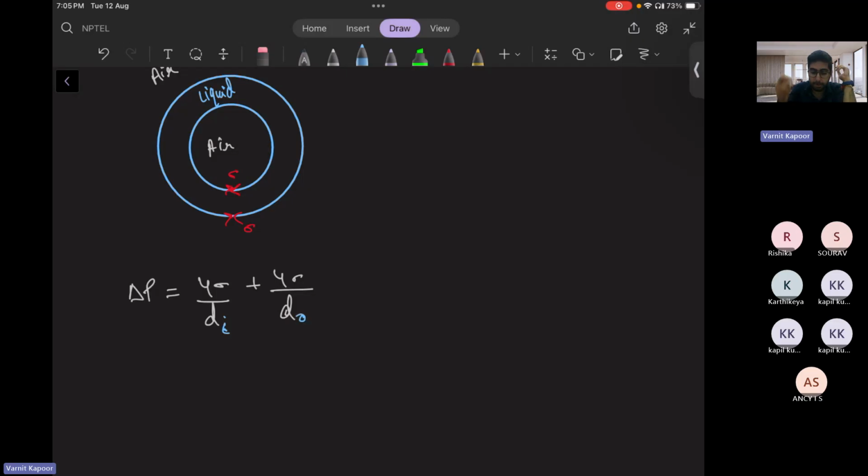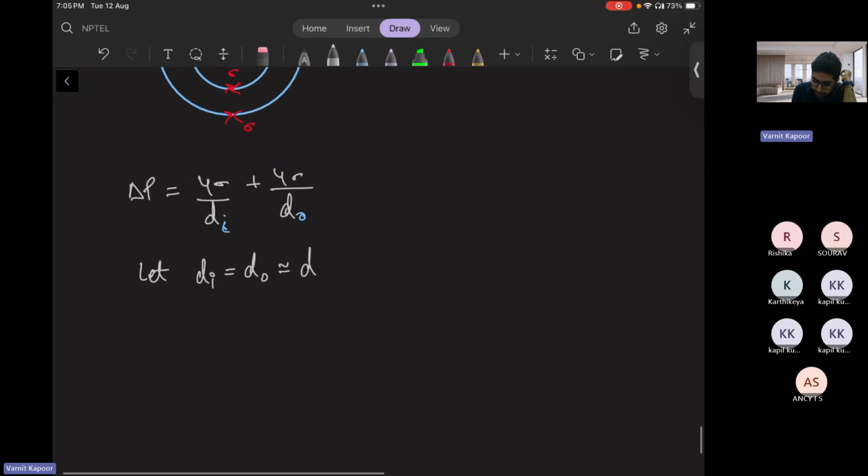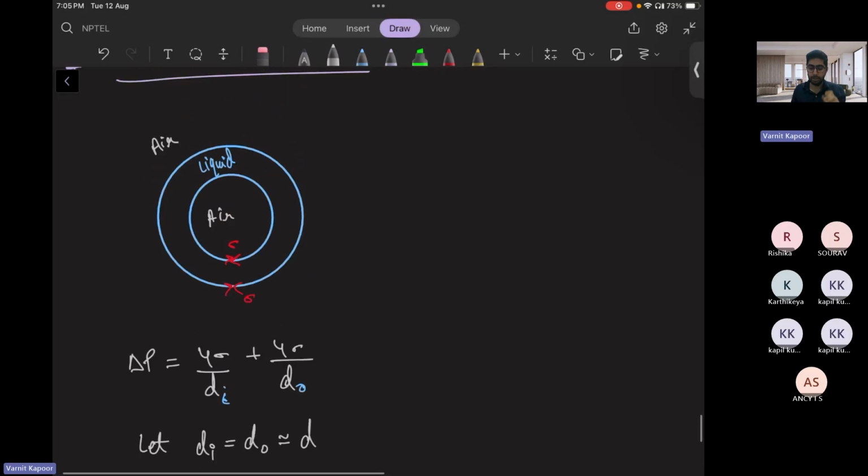But we generally assume that di is equal to d naught is equal to d. So the change in pressure will be 8 sigma by d.